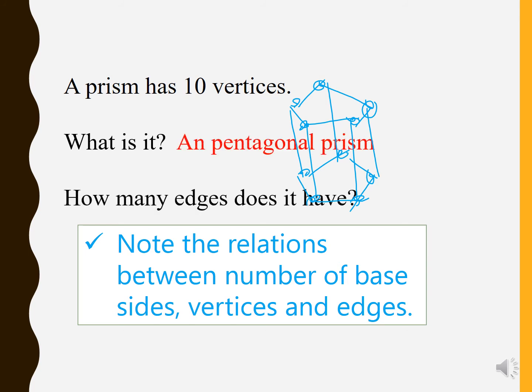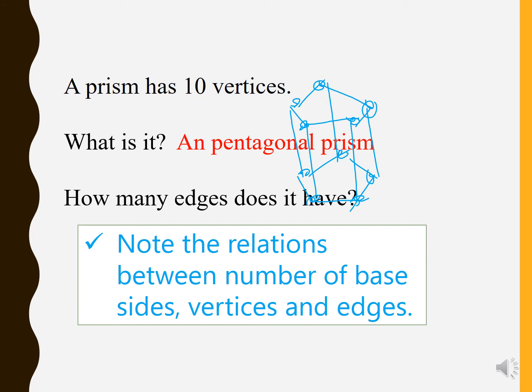And second question, how many edges does it have? As we know that the base is a pentagon, that means there are 5 sides. For the edges, it is 3 times the number of sides of the base shape. So it is 5 times 3, it is 15.